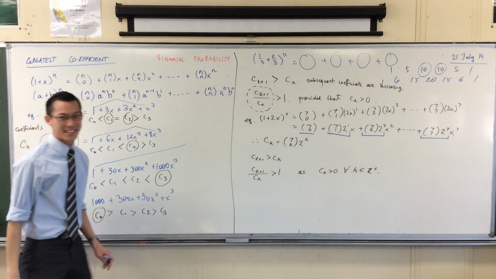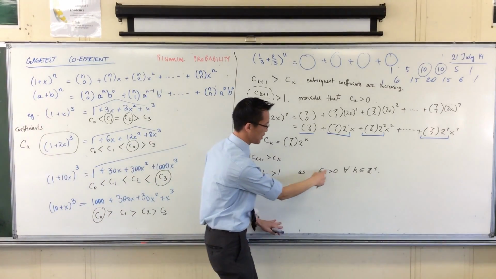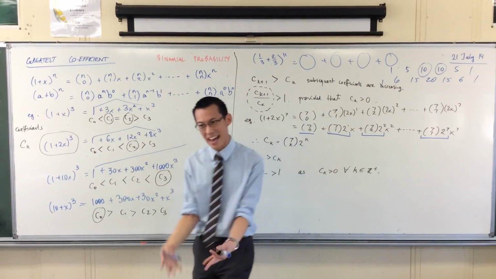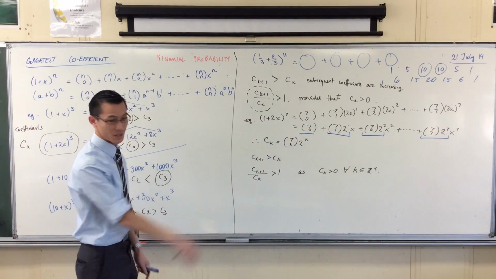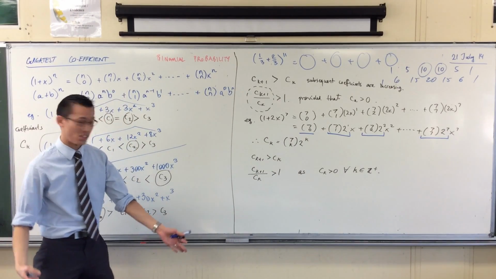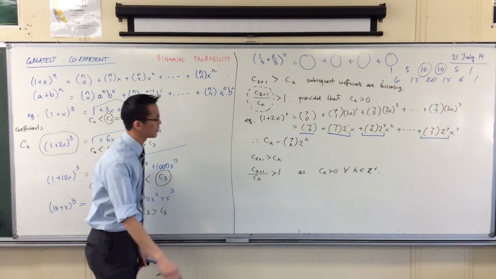You can write that out as a sentence if you like. It means the kth coefficient is positive for all values of k that are positive integers. You kind of have to say that much, or you can just use the symbols. It's just noting the restriction. You can't just divide by stuff if you don't recognize it's not going to screw up your inequalities.